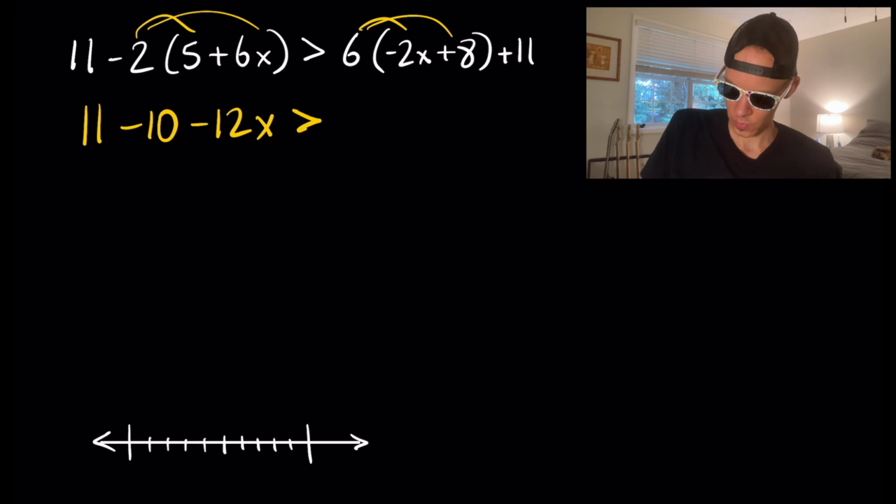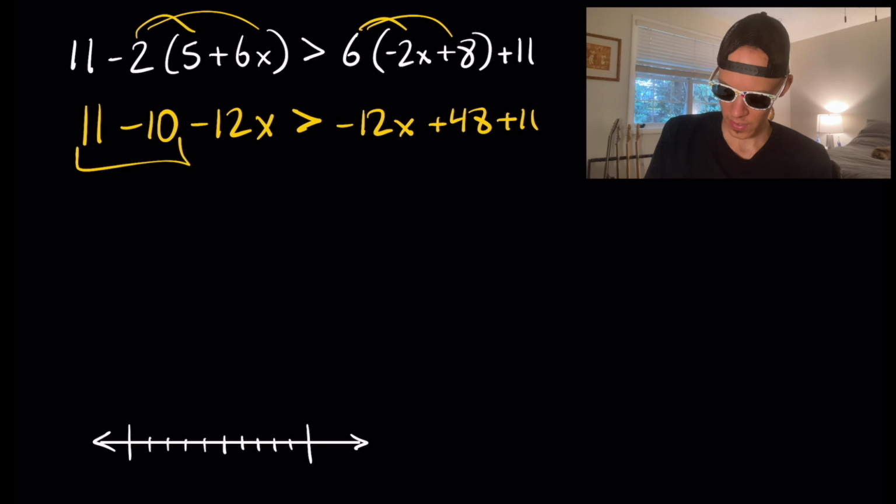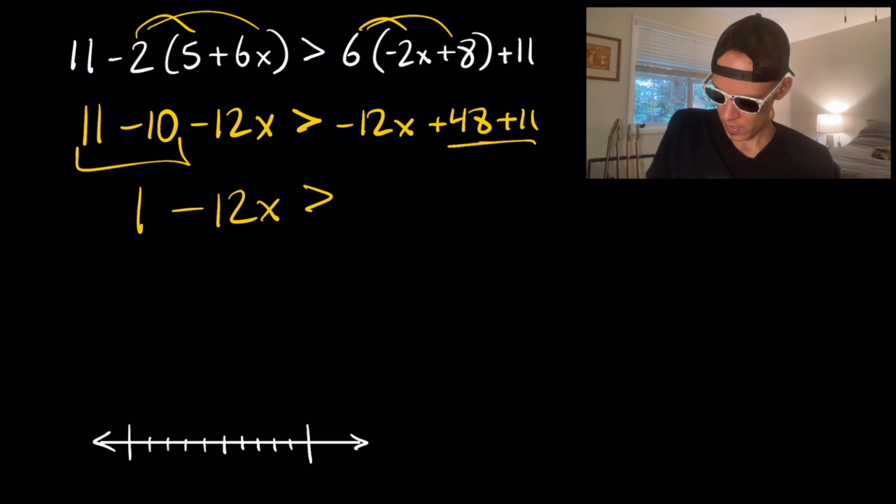Distribute that 6 in, so we'll get negative 12x plus 48 plus 11. I'll combine some like terms first. So here, 11 minus 10 is going to be 1, and then minus 12x is greater than 48 plus 11 is 59, so I'll have negative 12x plus 59.